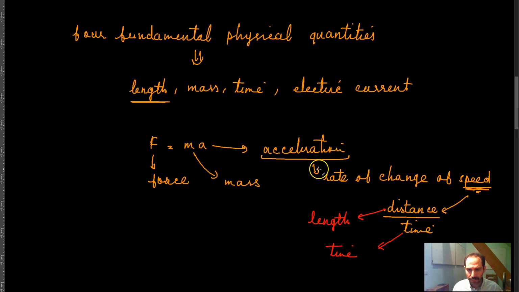Now, since we are talking about acceleration, and since it is the rate of change of speed, acceleration becomes distance by time, and since we are talking about the rate of change of this, you divide that by time.